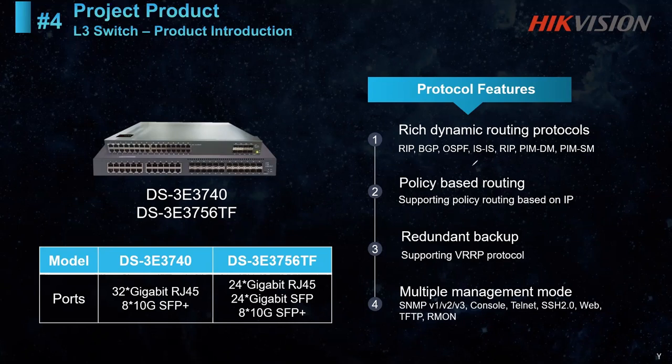If you are familiar with networking and handling L3 workloads, definitely you will be aware of these protocols, where these features are built into these L3 switches, and definitely you are able to have more control compared to the web managed and smart managed switches.